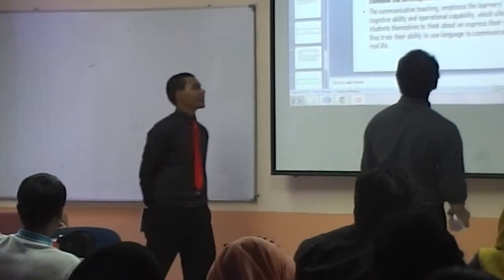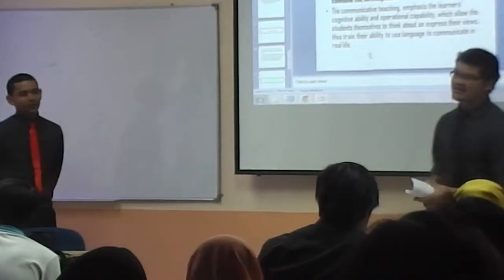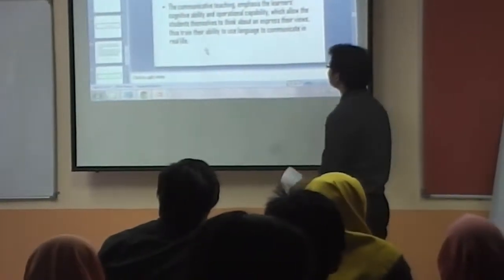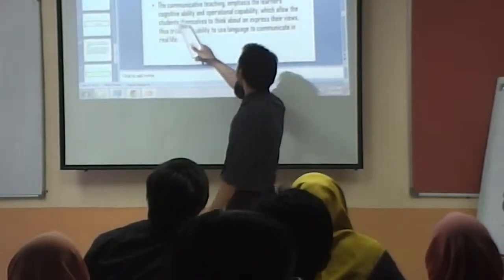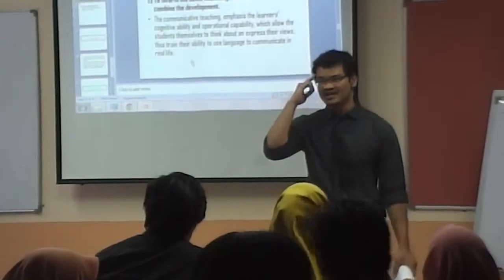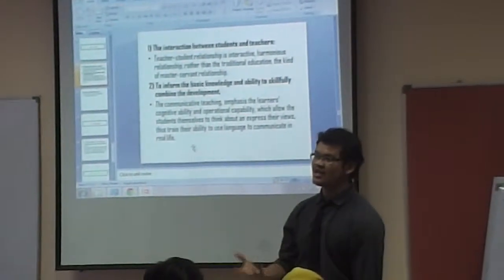And for the basic knowledge and ability to skillfully combine the development, as you have in the slide, learners have cognitive ability and operational capability. Cognitive ability is the mental knowledge, and operational ability is the ability to carry out what they know.